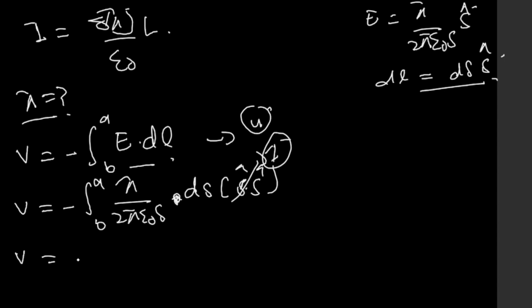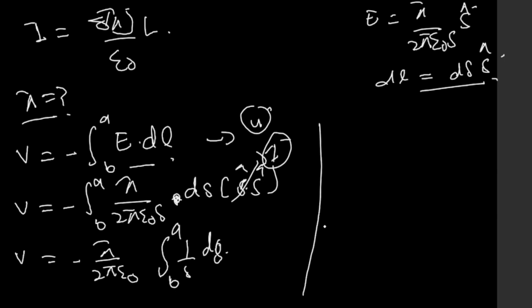So V equals, where we bring the constant outside of the integral, lambda divided by 2 pi epsilon naught, and we integrate from b to a of 1 divided by S times ds. Now this integral is ln of S from b to a.